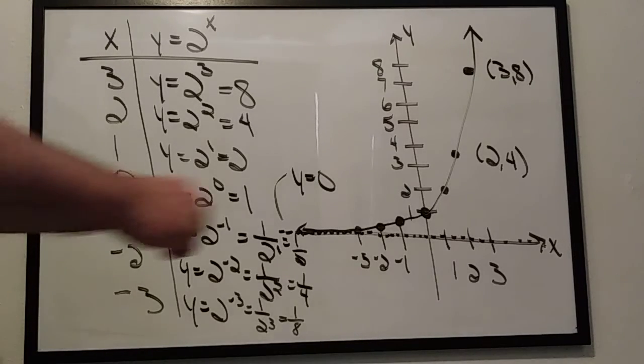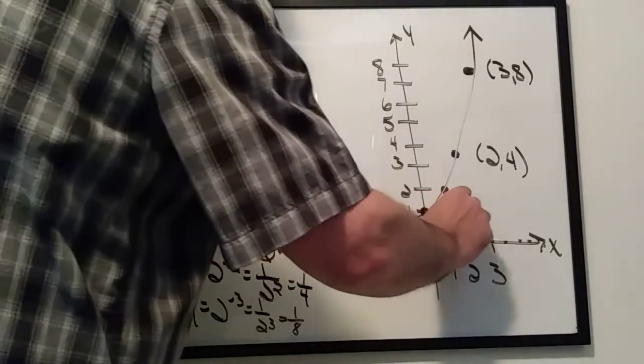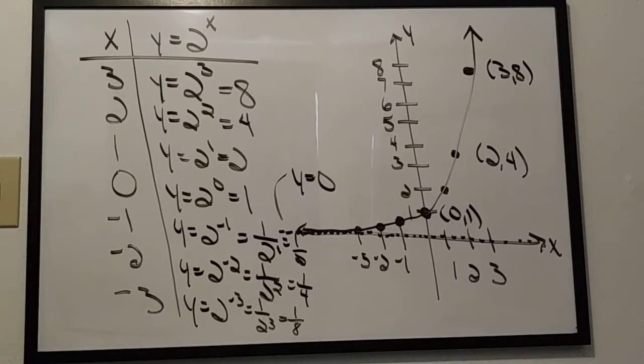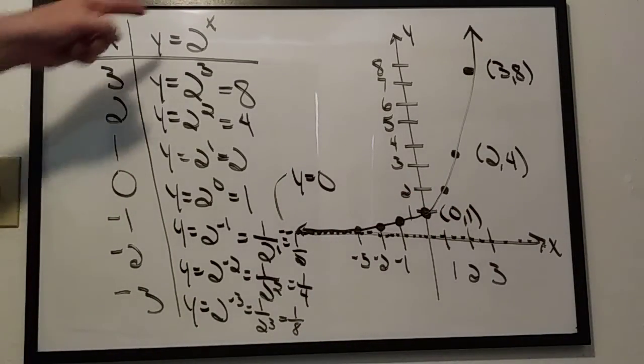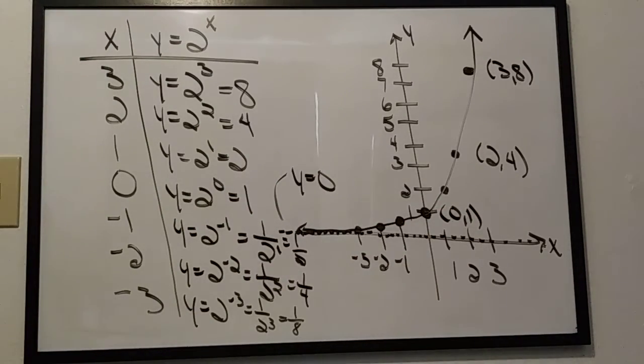So one of the points that we saw here on the graph of y equals 2 to the x was the point 0, 1. That point 0, 1 would still be on the graph of y equals 7 to the x. So 0, 1 is on the graph of 2 to the x. It's also on the graph of 7 to the x. Well, okay, how about the next one over?